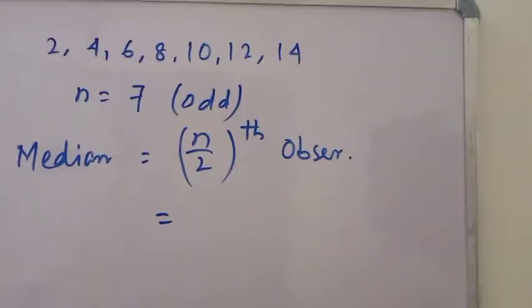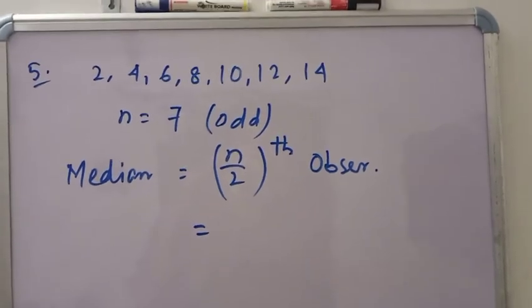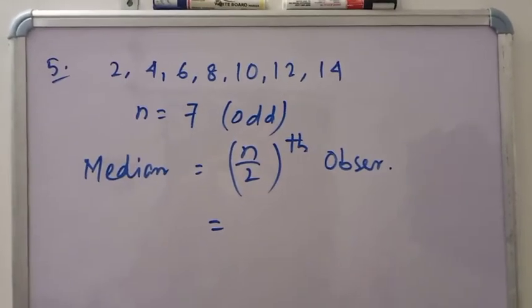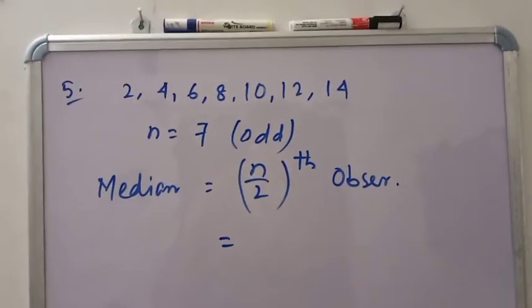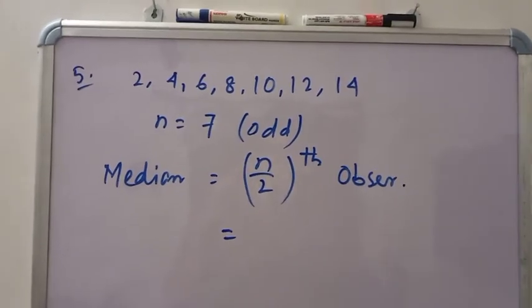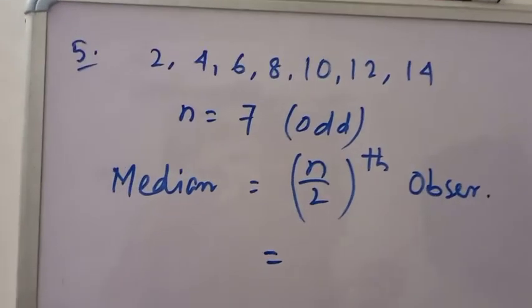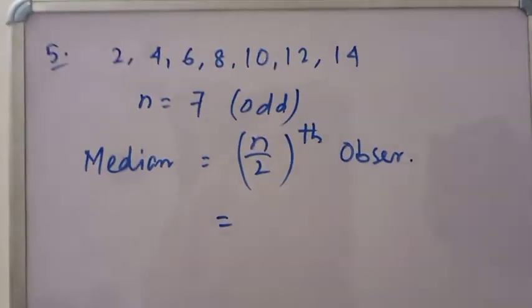I am writing already in the ascending order. You can also write in the descending order, but I am choosing the ascending order, so we are not writing the data in the normal ascending or descending form again.